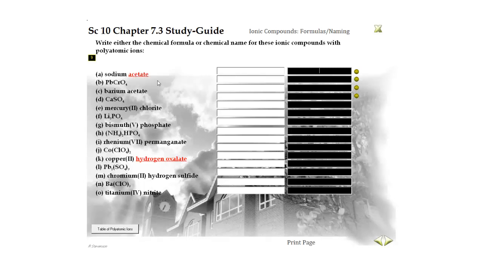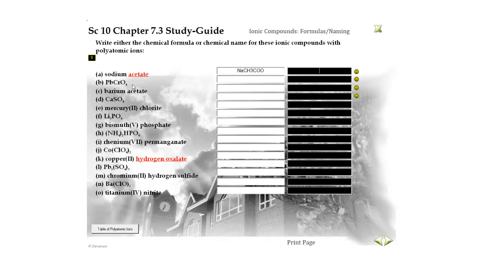But all we have to know is sodium, Na, and then the acetate, and then make sure that they actually add up to 0. So what you should end up with is something like that. Acetate was -1, sodium was +1. They're going to add up to 0. Again, I would encourage you to pause the tape at this point and do the first 4, see if you're on the right track, and then come back and I'll give you the answers.